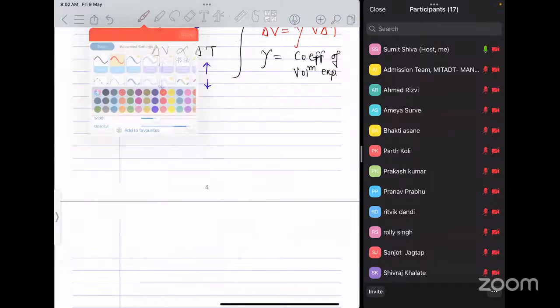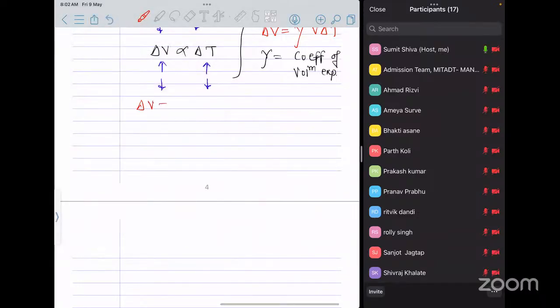Again, we can write it as delta V is V final minus V initial, which will be equals to gamma times V initial delta T. So V final can be given as V initial times 1 plus gamma delta T.